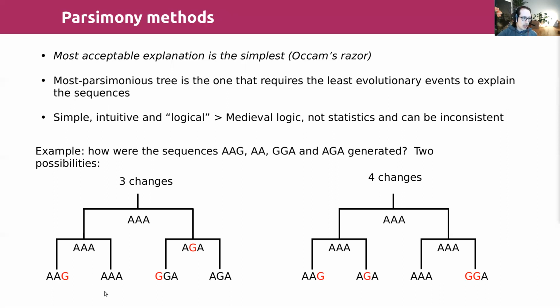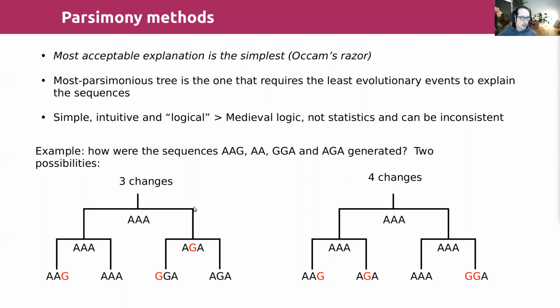For example, if we have these four sequences here, how might they have been generated? And in the most parsimonious case, we have a tree where first we have the main lineage, the initial lineage leading to AAA out here.